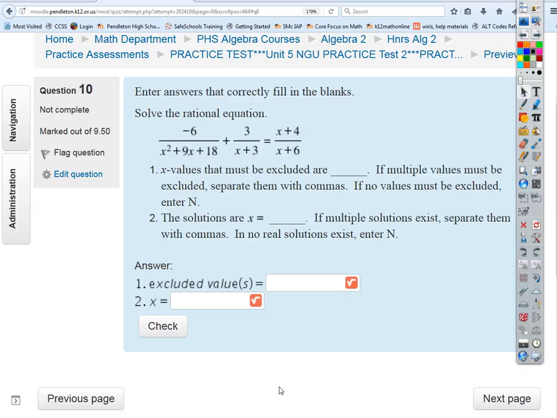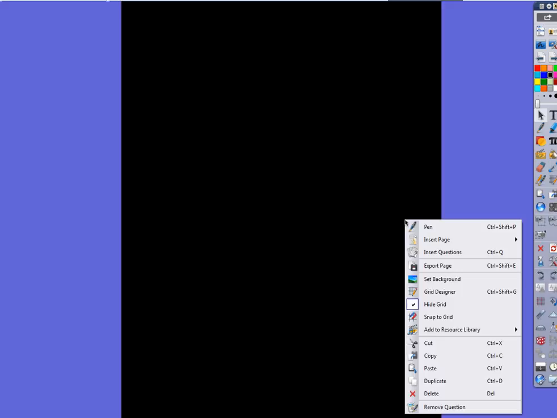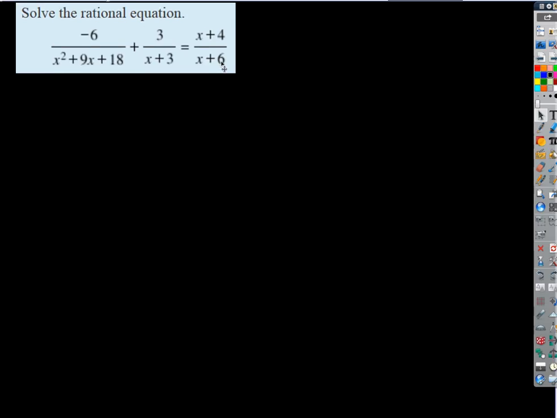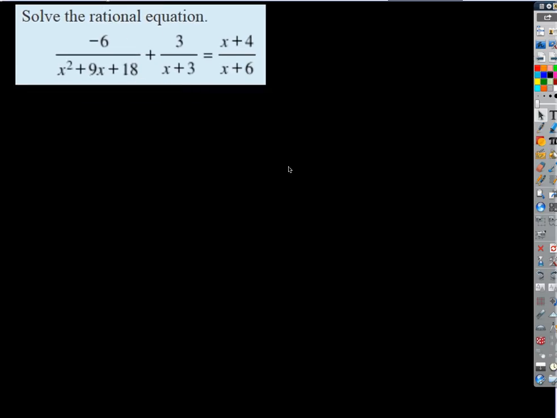So let's just pretend it's like that, how about? All right, so, what is our least common denominator here? Okay, so, right, so this is just the product of x plus 3 times x plus 6, isn't it?